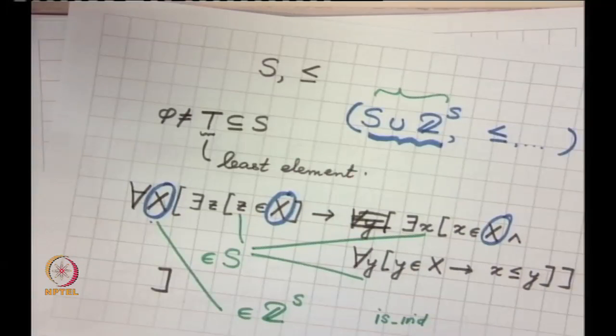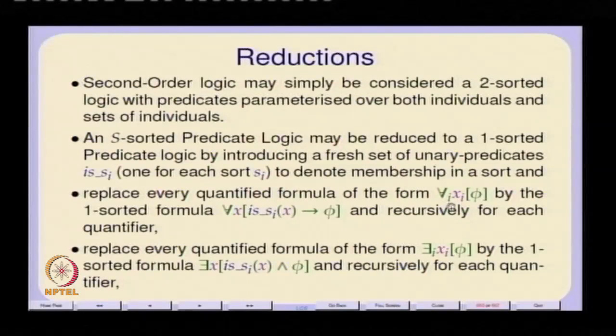So then every quantified formula of the form for all i xi phi should be replaced by the one sorted formula for all x, if x is Si, then phi, where, and now recursively we need to transform all the quantifiers inside phi also to the one sorted case, right.